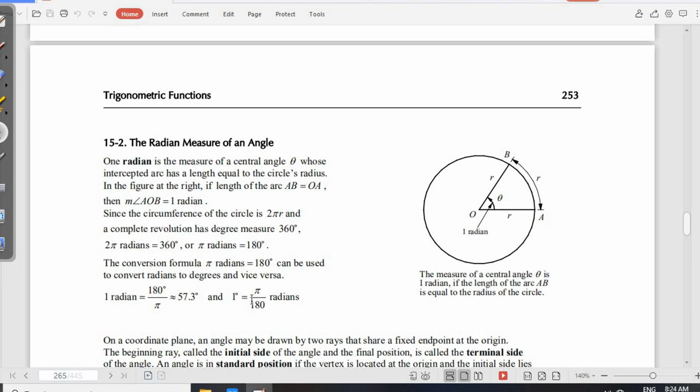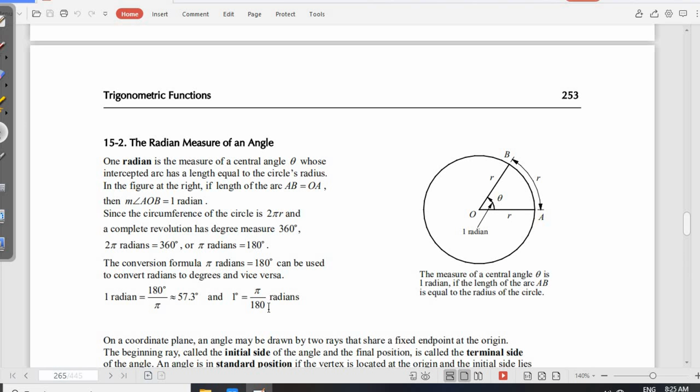Multiply it by pi over 180 to convert from degrees to radians. So just in case you want to work in degrees, but maybe they give you radians, just simply convert it. 1 degree is equal to pi over 180. So if you want to get 90 degrees, just simply do 90 times pi over 180.